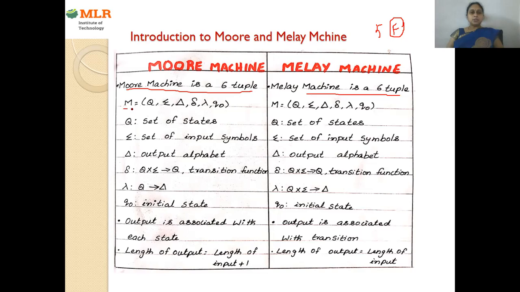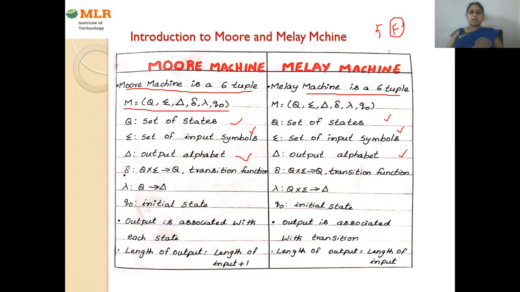Observe the tuples. Here you have Q, sigma, capital delta, small delta, lambda and Q naught. In both cases you find the same symbols. Q represents the set of states, sigma represents the set of input symbols, and capital delta represents the output alphabet.